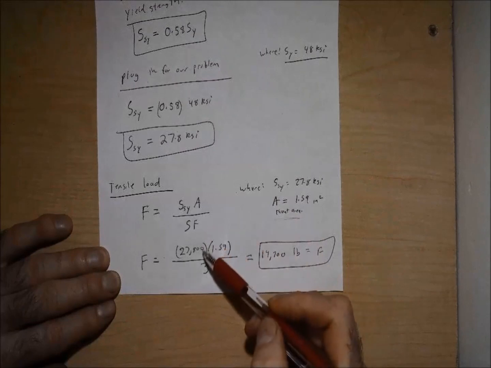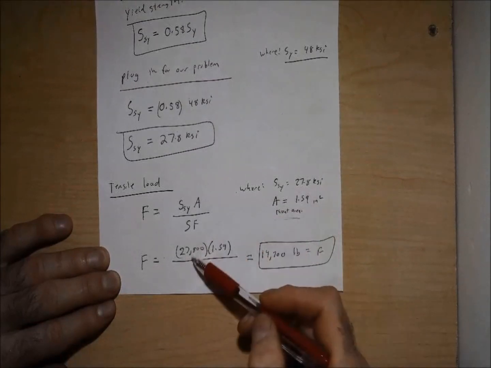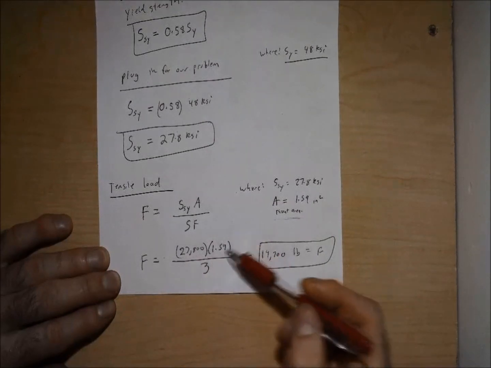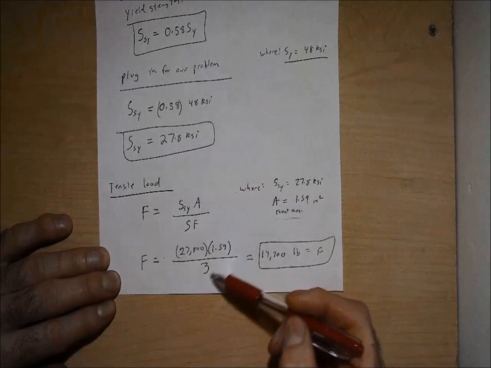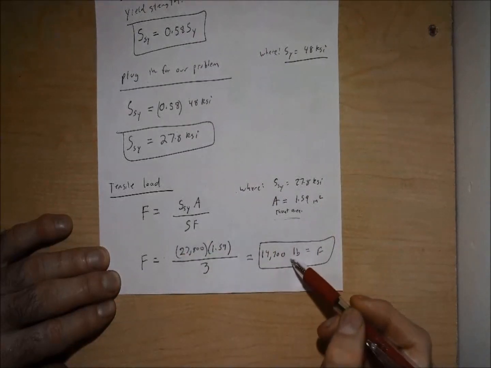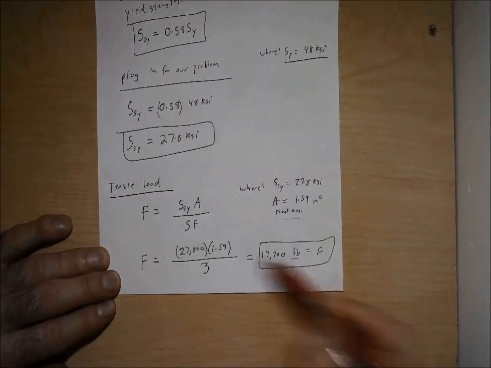So plug in our known values. F is equal to, when we take KSI and put it in terms of PSI, 27,800 times 1.59 divided by 3. Pay attention to the unit analysis for this, and we do end up with pounds in the end, 14,700 pounds for our tensile load.